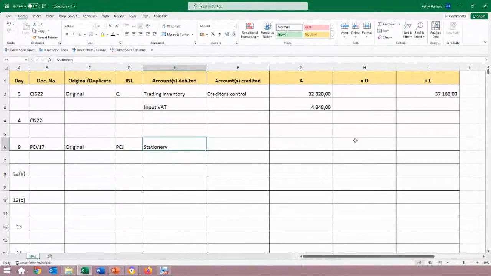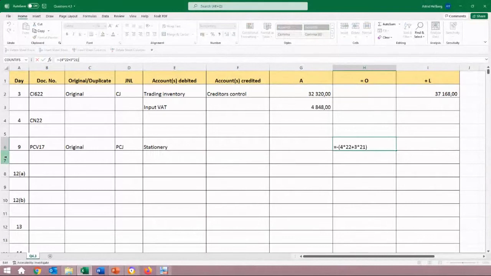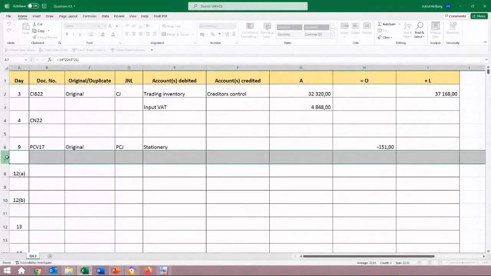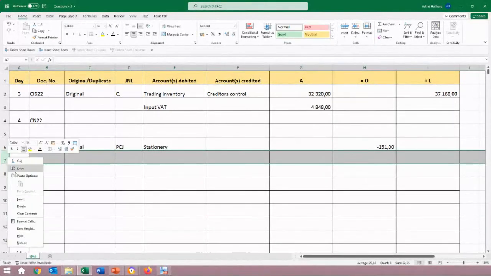Decrease. That is absolutely correct, guys. So let's show you how to work it out. Let me type it here at the bottom of the screen. Let me insert a line item here. Then we'll just add the calculation.